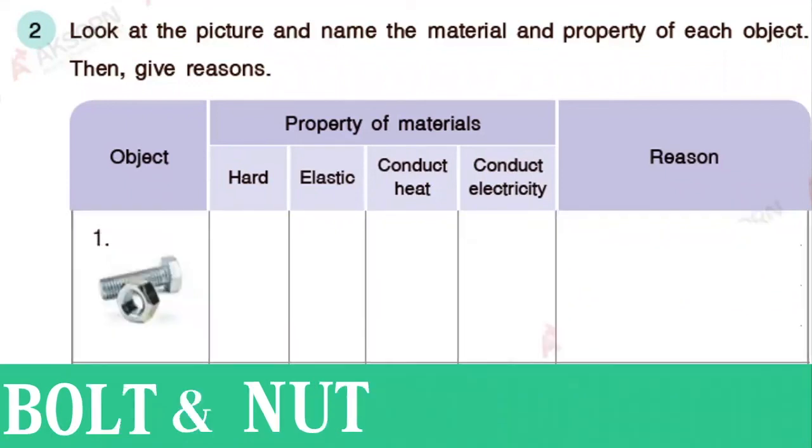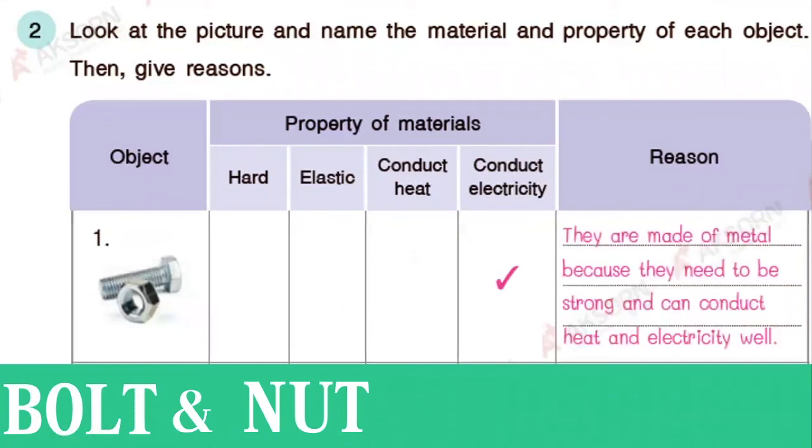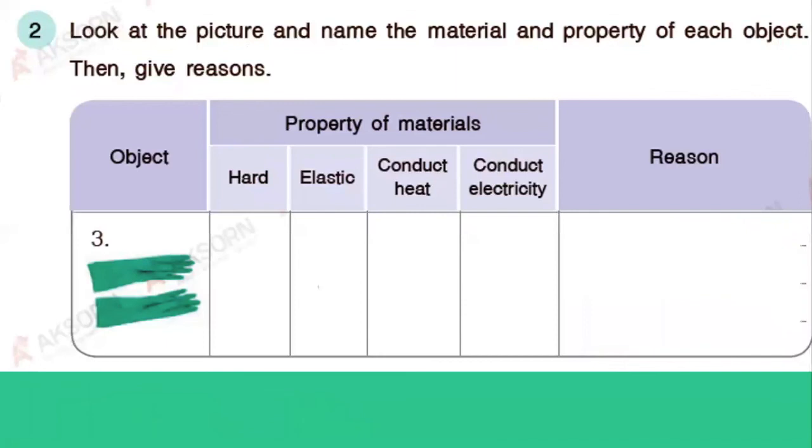And the same way we did with bolt and nut: they are made of metal because they need to be strong and can conduct heat and electricity well. So pause the video, please. Tick the right column here in properties of materials, and answer. Gloves are made of rubber because, and give me some reason, okay? When you finish writing, please push the play button again and we continue our lesson, all right?